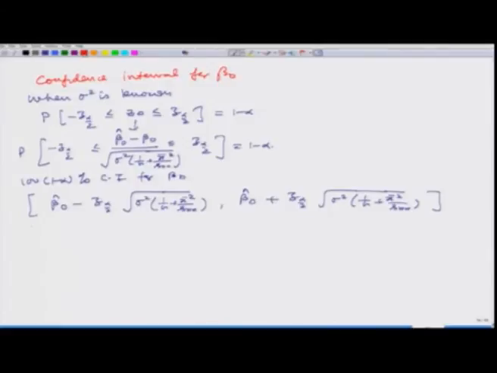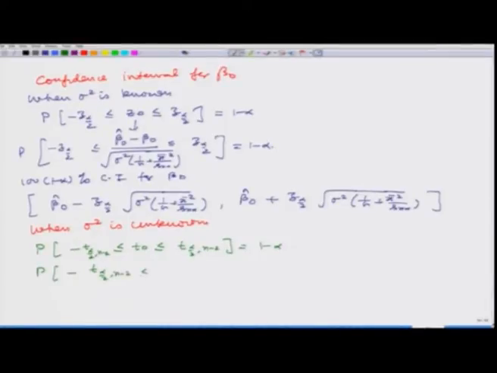And similarly, in the case when sigma square is unknown to us, we simply have to replace sigma square by sigma square hat. In that case the probability that T0 lies between minus T alpha by 2, n minus 2 and T alpha by 2, n minus 2 is 1 minus alpha.